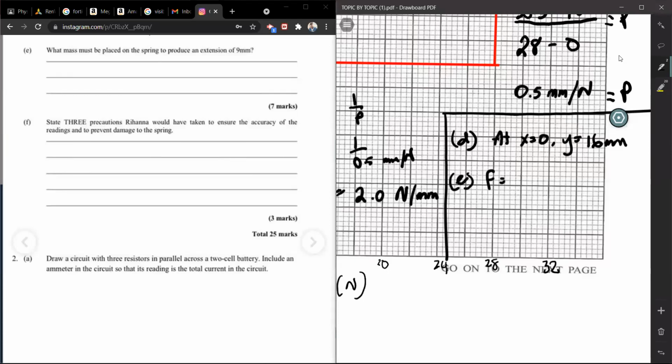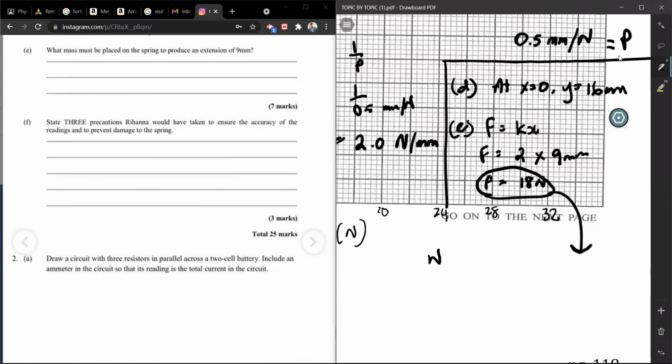Let's see now. F is equal to kx. So F is equal to K, which is 2, multiplied by 9 millimeters. So the force is equal to 18 newtons, but it's not force they're asking me for. What are they asking me for? The mass.